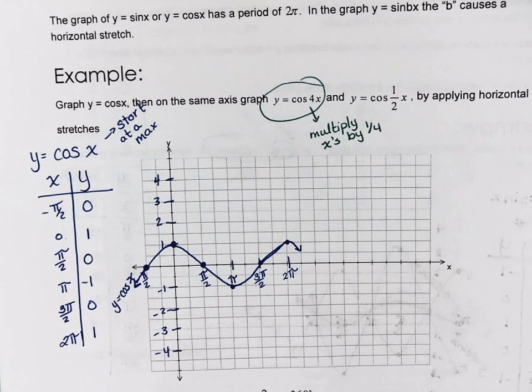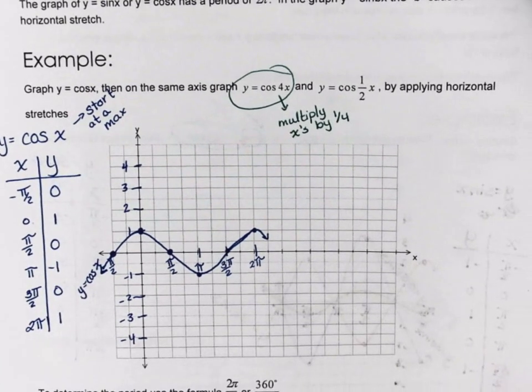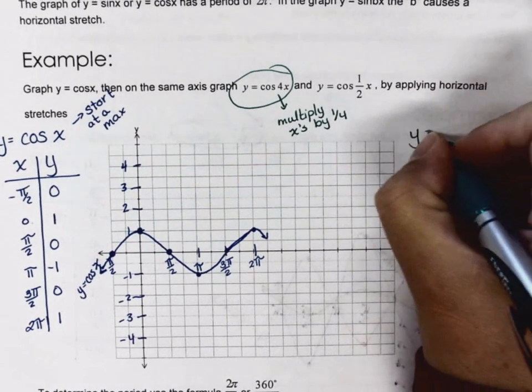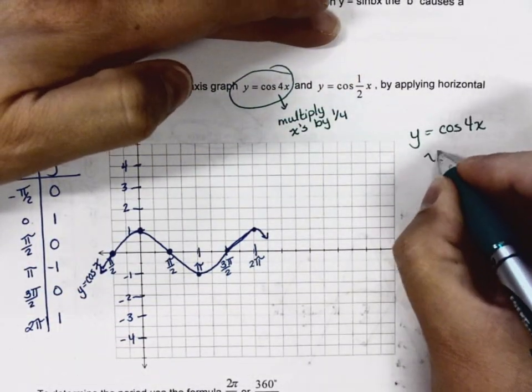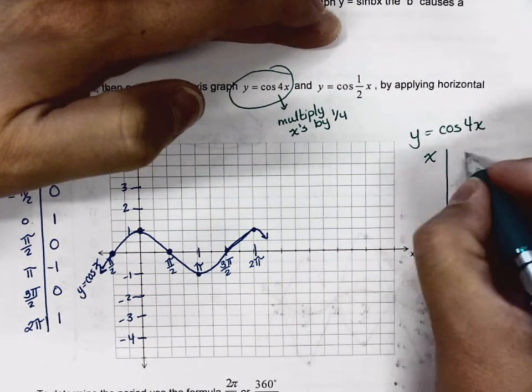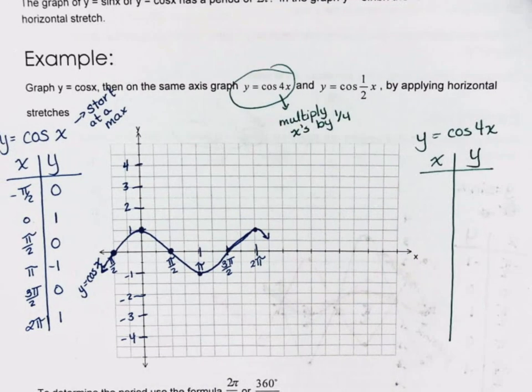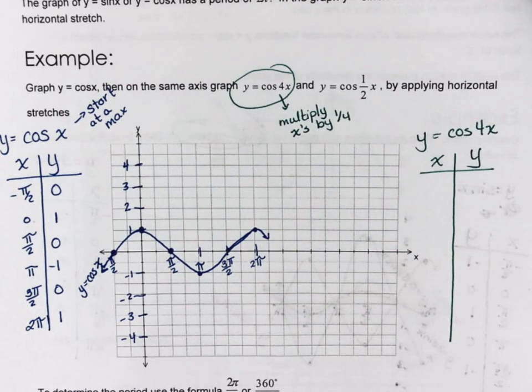I probably should have made my increments a little bit nicer, but that's okay. I think maybe it might be helpful to do a table of values for this, just so that we don't get too lost in it. So the y equals cos 4x. Anything happening to my y's? No.